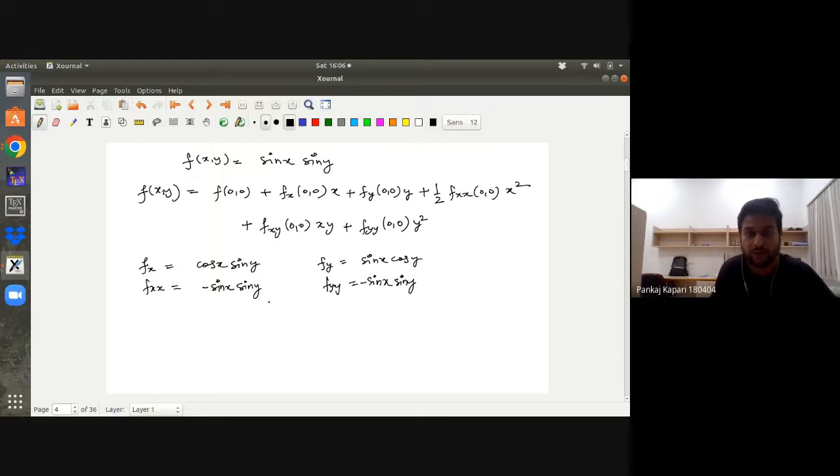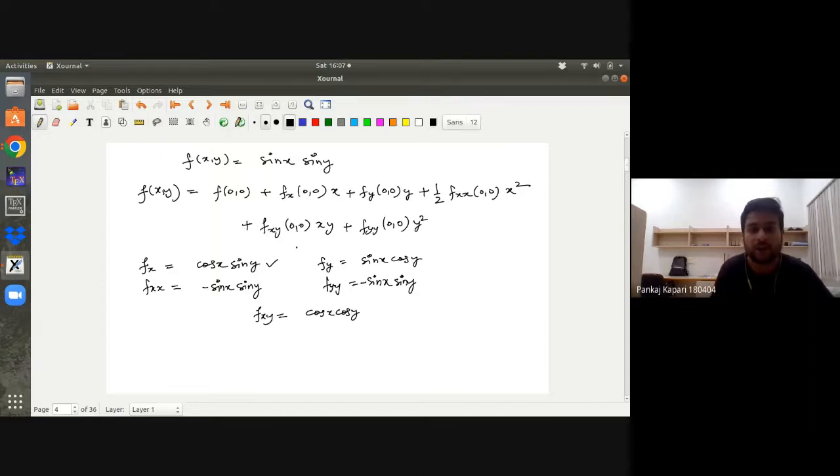We also have to find f_xy, the partial derivative of f_x with respect to y. We can differentiate either this function or f_y, it doesn't matter, because the mixed partial will be the same. So what is f_xy? We differentiate f_x with respect to y, which gives cos x into cos y.